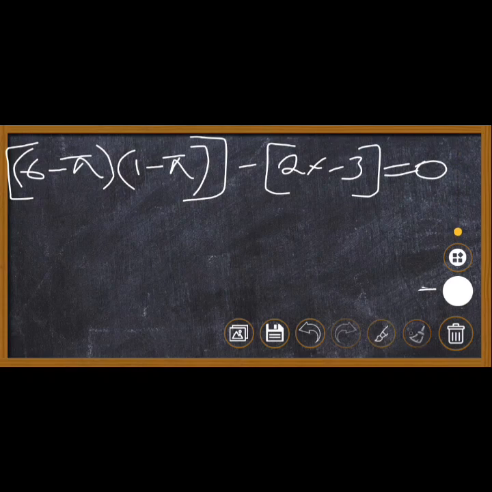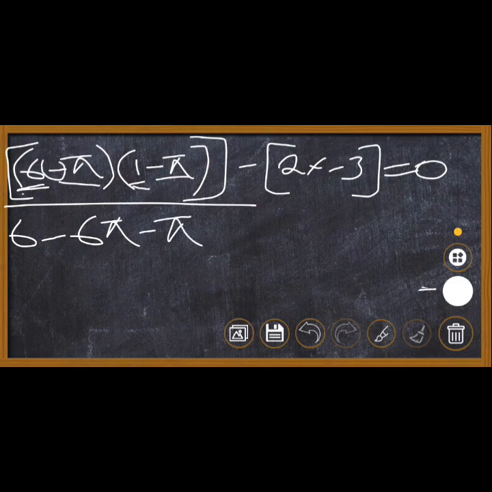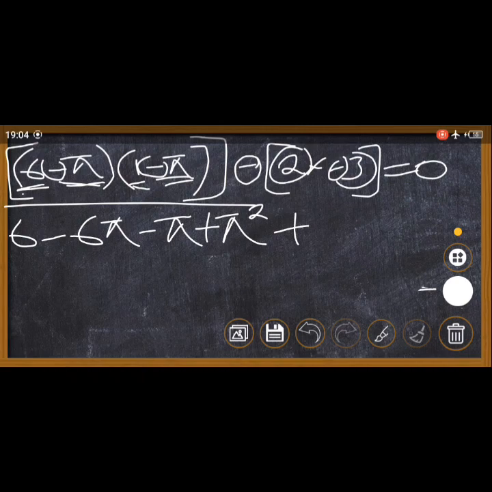To expand this expression, we multiply 6 by 1, of course it's 6, and then 6 multiplied by negative pi, it's negative 6 pi, and then negative pi multiplied by 1, it's negative pi, and then negative multiplied by negative is positive, and pi multiplied by pi is pi squared. Then negative multiplied by negative is positive, and 2 multiplied by 3 is 6, equals 0.